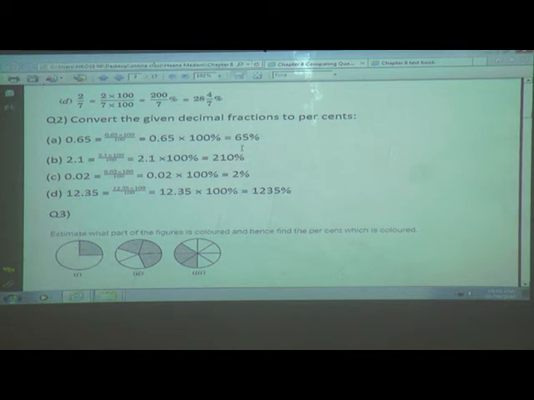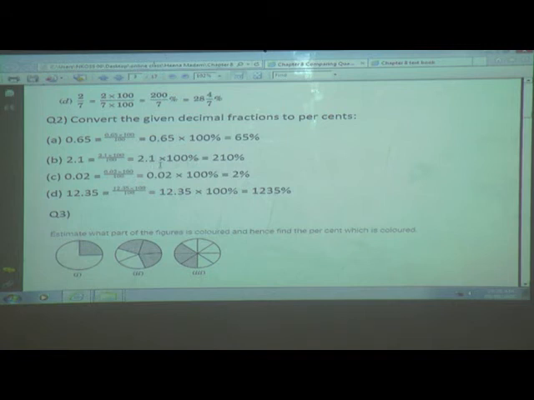Whatever we had learned, we have to apply here to find out the easy steps. So here 2.1 we have to first write as a fraction, and then we have to convert into a percentage.